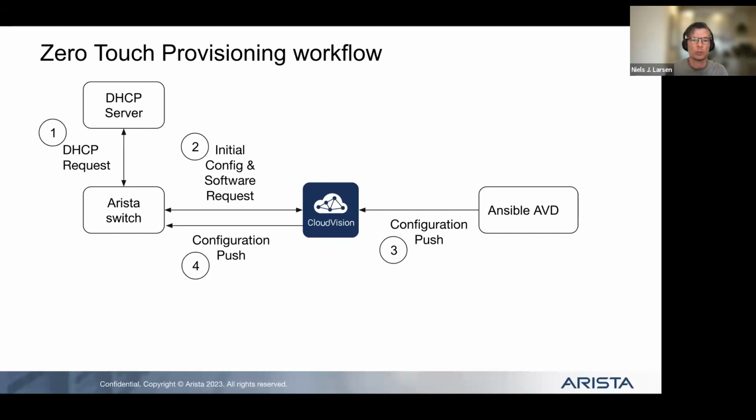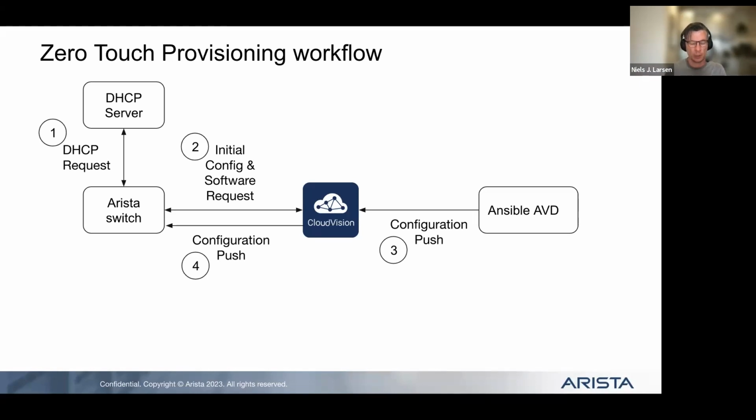And CloudVision will then push this configuration into the switches. And in a matter of minutes, we have provisioned a small or large Arista fabric, instead of walking around with a laptop and a console cable in the dungeon or the data center, with the noise and the lack of a proper desk and stuff.